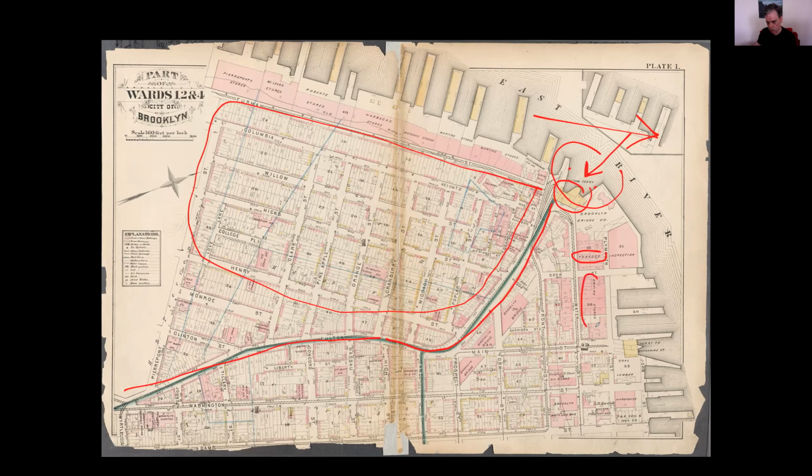The Empire Stores warehouse, also still there today. And all of these warehouses along the docks up here. Most of those are gone now, but it was a thriving city. There's houses, there's churches, there's a theater down here, the Brooklyn Theater.